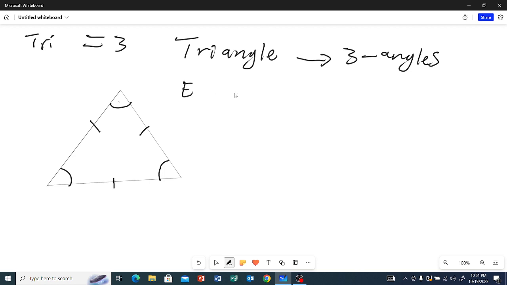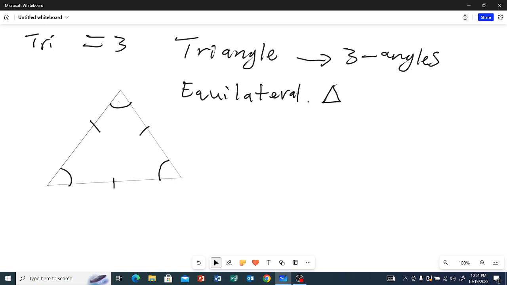We call it an equilateral triangle. So remember it has three equal sides and three equal angles.